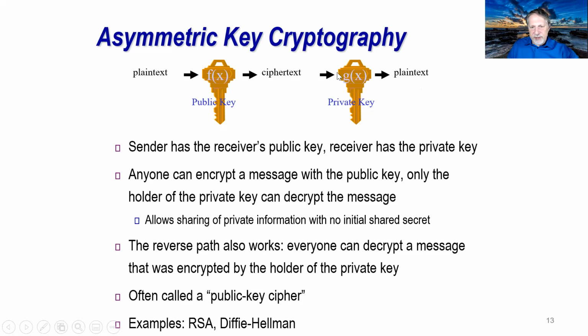Examples of asymmetric key cryptography algorithms are RSA and Diffie-Hellman. I'll just add as an interesting aside, these particular algorithms are built on what are called one-way functions. Probably the most common one-way function is factoring of large primes.